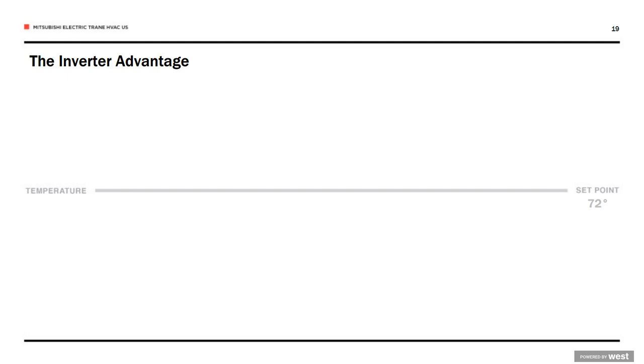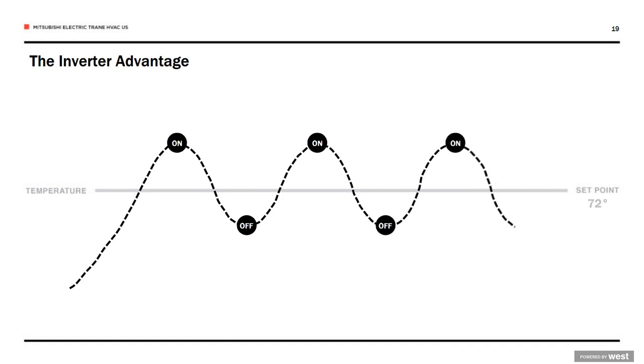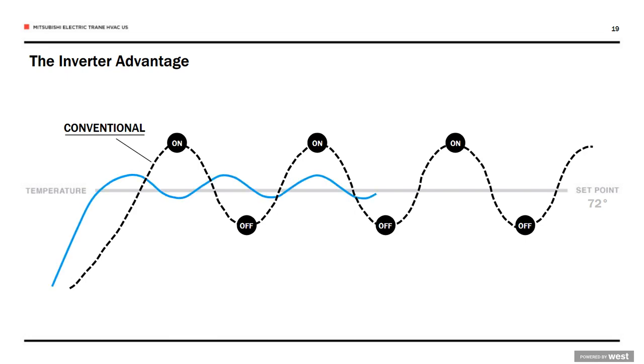Suppose you'd like to have a set point of 72 degrees. With the conventional system, what you will typically see is the system turning on and then turning off, on and off, and on and off. With VRF, what you're going to see is the system turning on, but instead of turning on and off, it will actually modulate.